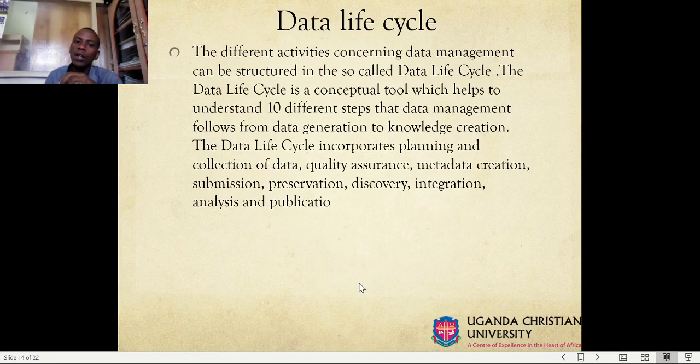The data life cycle is a conceptual tool which helps to understand the 10 different steps that data management follows, from data generation to knowledge creation. Recall the end product of the information you're looking out is to create knowledge. It is made up of planning and collection of data, quality assurance, metadata creation, submission, preservation, discovery, integration, analysis, and publication.